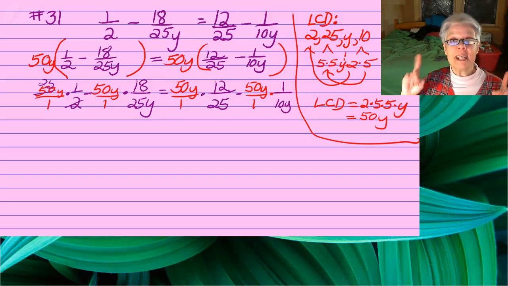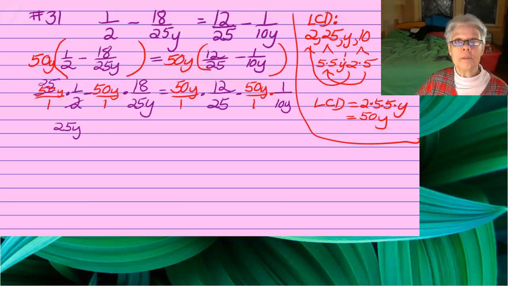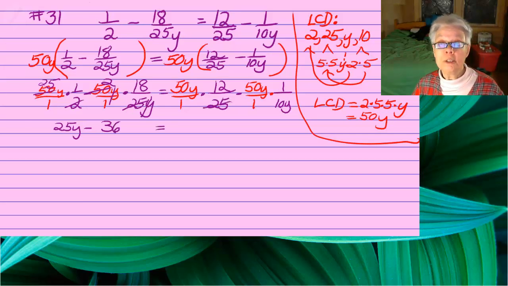Now we're going to have a canceling party. Cancel and write what's left below. In the beginning, 2 goes into 50 25 times, so we'll have 25y.